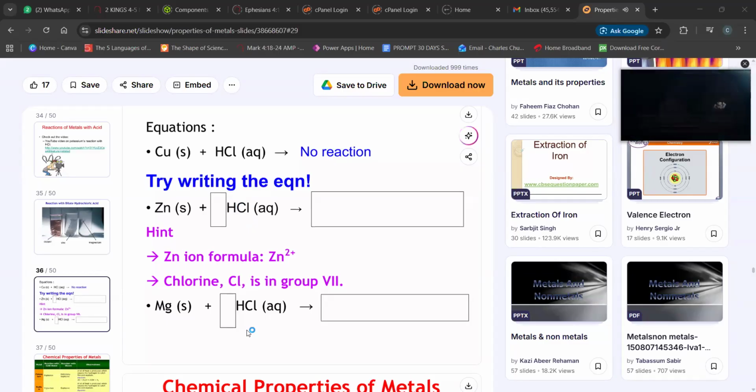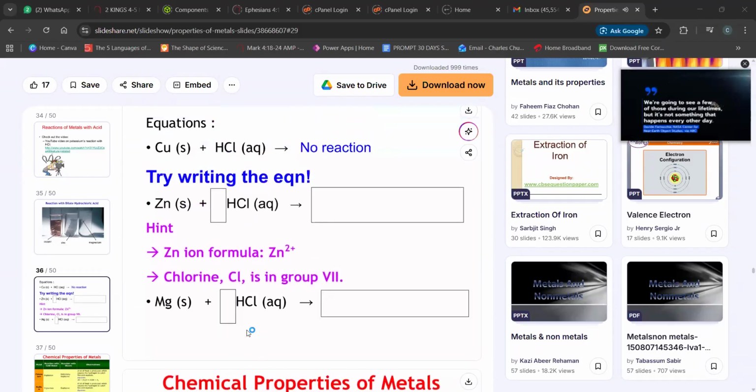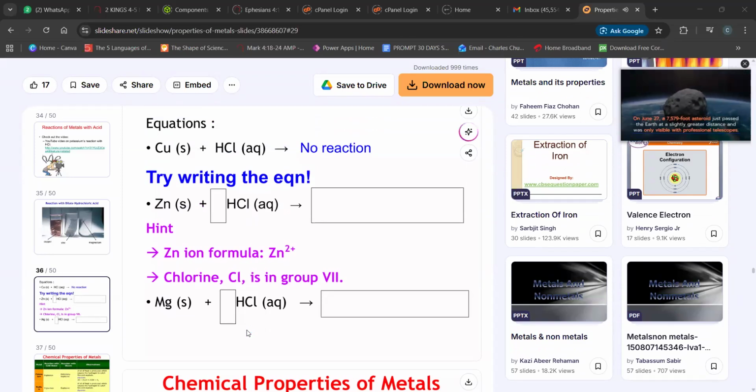Wait, whenever you add water to these equations, is it always going to be hydrogen? Say for example, zinc plus water, would it be zinc hydroxide plus hydrogen? Yes, you always have to put the plus hydrogen.